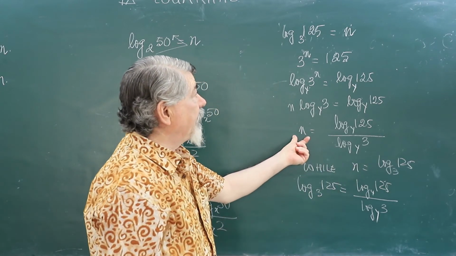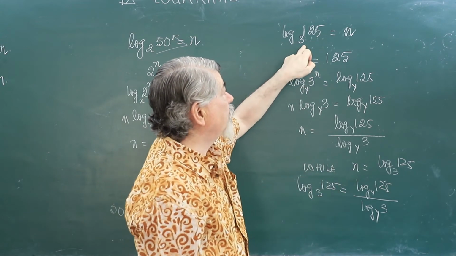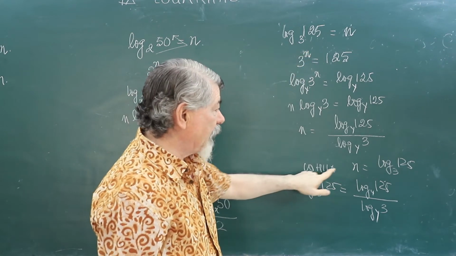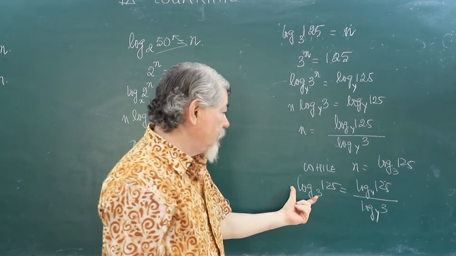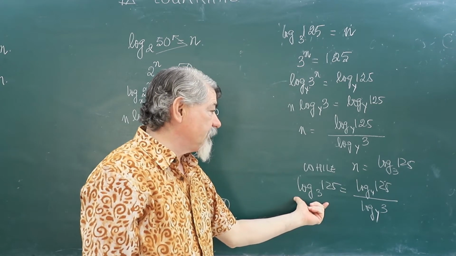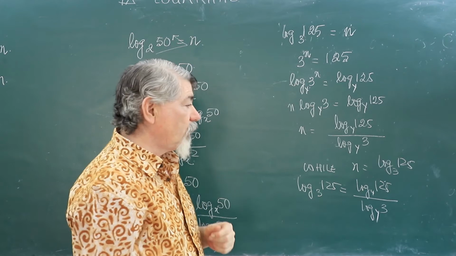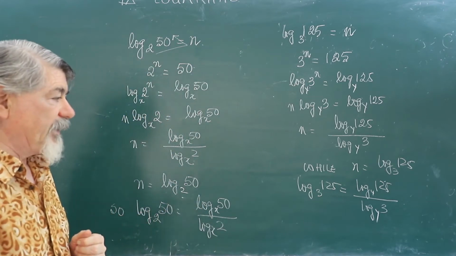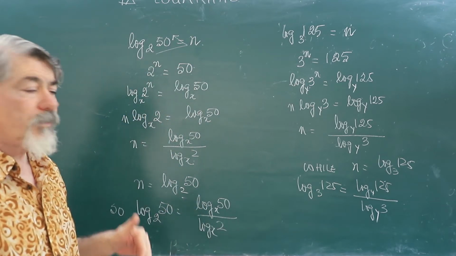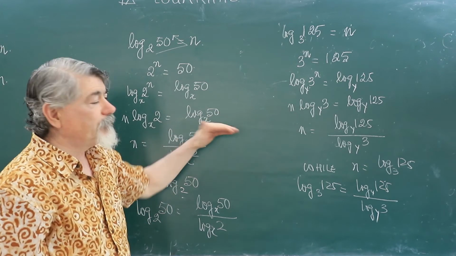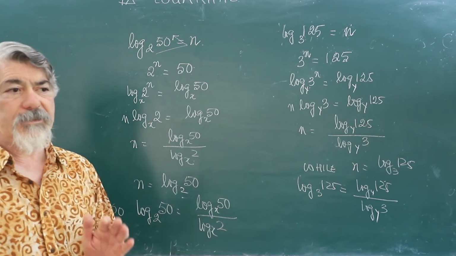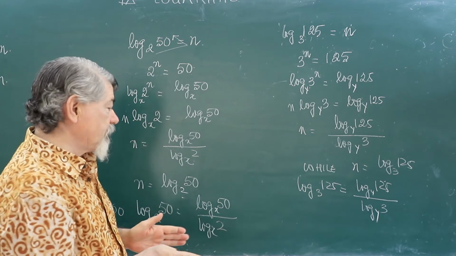And what was the value of n? n was log 125 to the base 3. So log 125 to the base 3 will be equal to log 125 to the base y upon log 3 to the base y. So it is a simple method of changing the base of any logarithm.